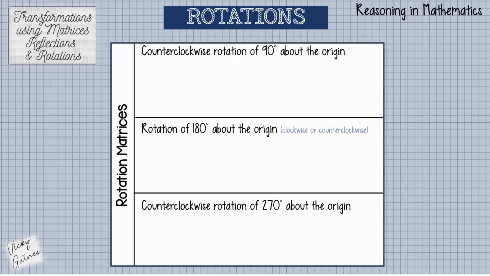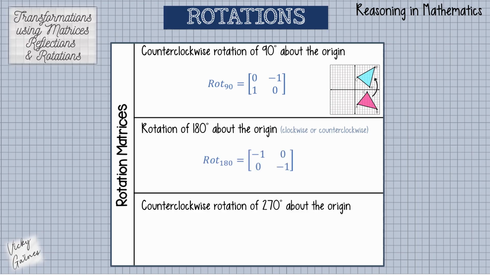Rotations. We're doing counterclockwise rotations. This is the matrix we would need to multiply using for a rotation of 90 degrees counterclockwise. And this is what that rotation could look like.